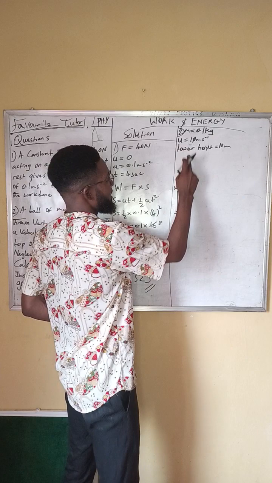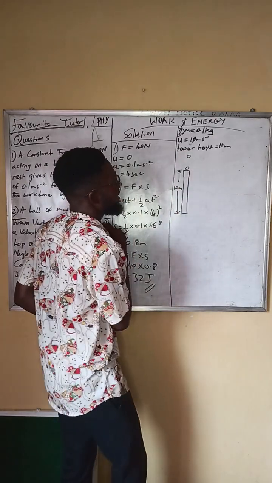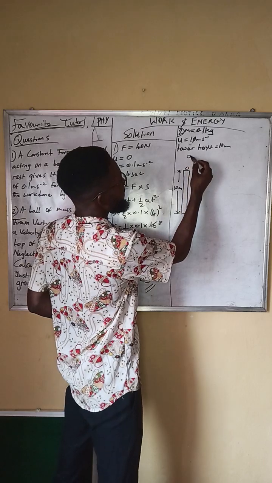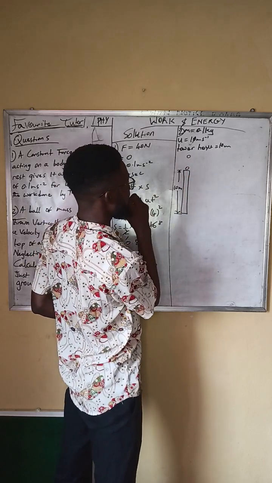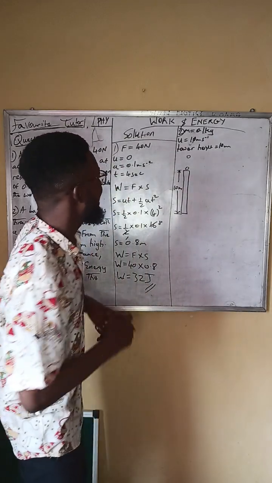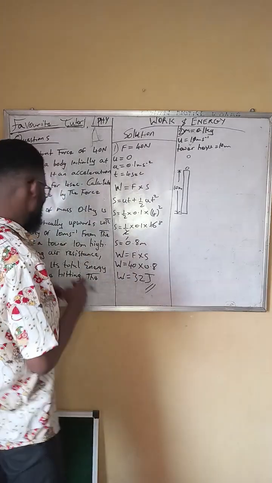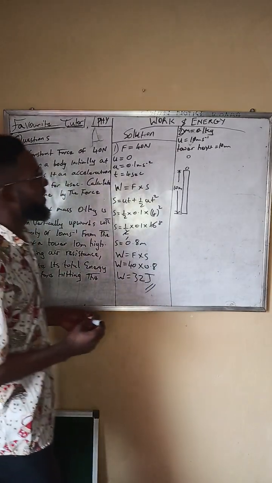So we don't know the distance from here to where the ball goes. It is thrown vertically upward with a velocity of about 10 meters per second, and we want to calculate the total energy just before hitting the ground.